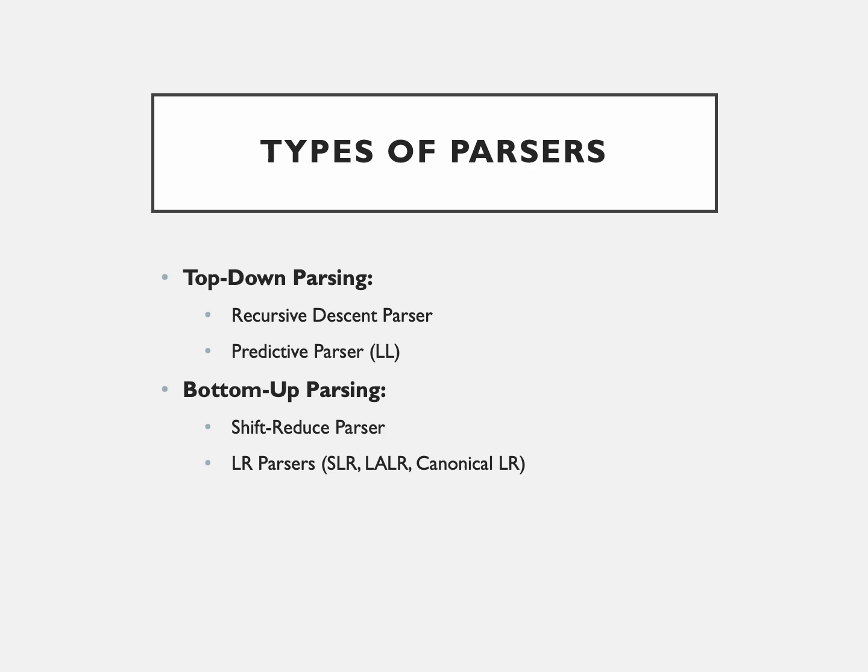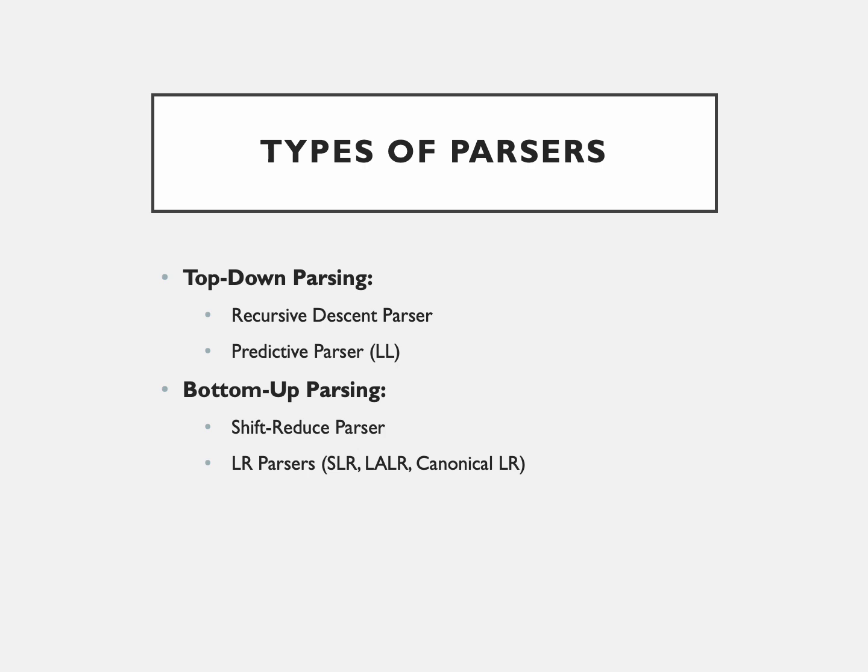Then second is LR parsers. These are highly efficient and handle a wide range of grammars, and have some subtypes which include SLR, simple LR. It is a simpler but less powerful version of LR parsers.